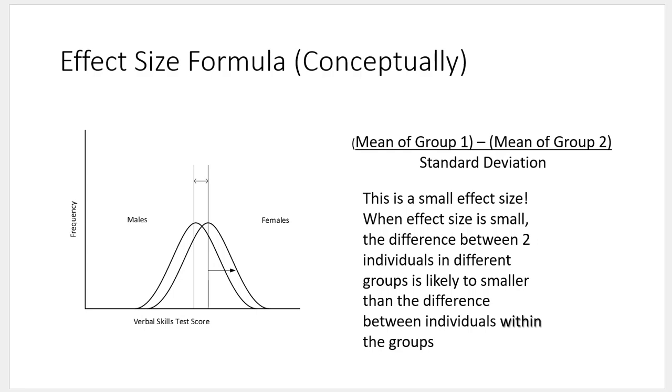Just knowing that someone is a man or a woman or male or female is not going to be able to really tell you very accurately what their verbal test score is, because the difference between the individuals within the sex group is larger than the difference between the group overall. It's a small effect size.